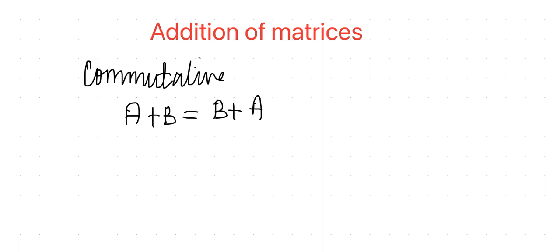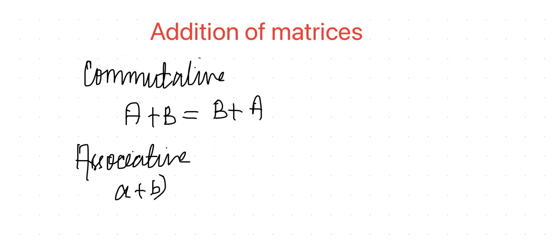And when you talk about the second property, that is called associative. If you remember the associative property, children, for any numbers, A plus B plus C will be equal to A plus bracket B plus C. So this is the property of associativity, and this is followed in matrices as well.